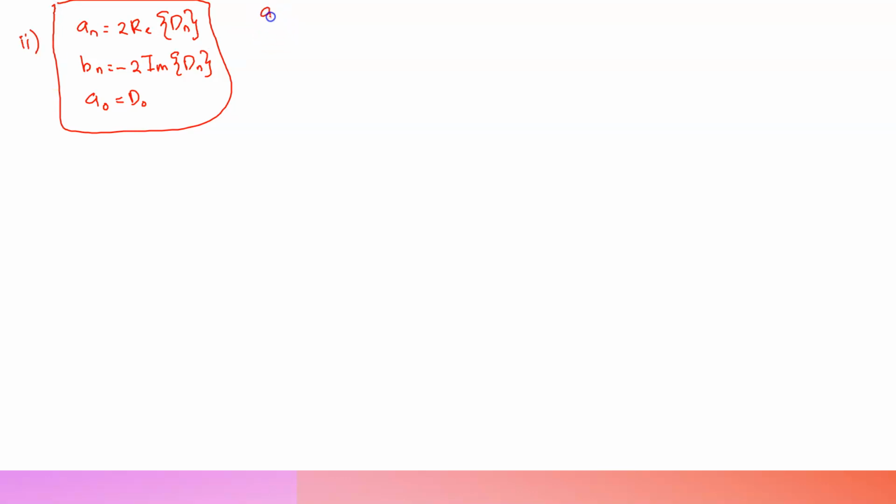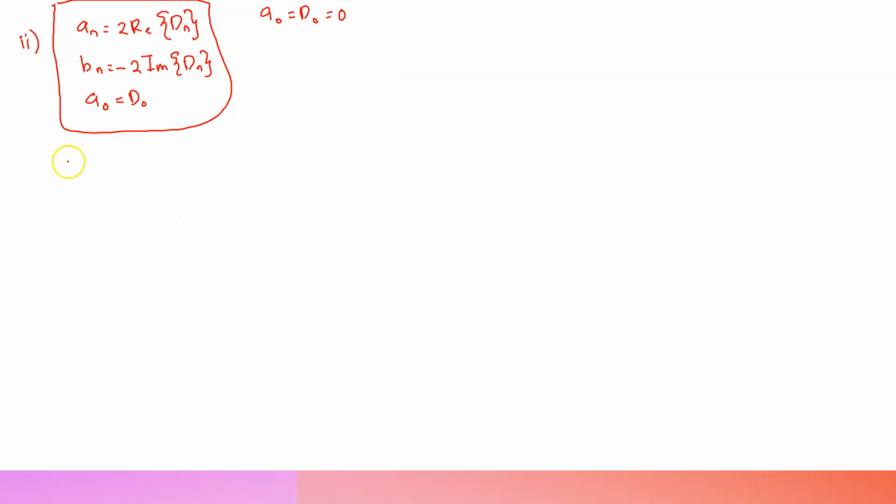We have an equals 2 times the real part of dn, and bn equals minus 2 times the imaginary part of dn, and a0 equals d0. You have to remember this. In our case, a0 equals d0 equals 0, as we don't have a constant value.